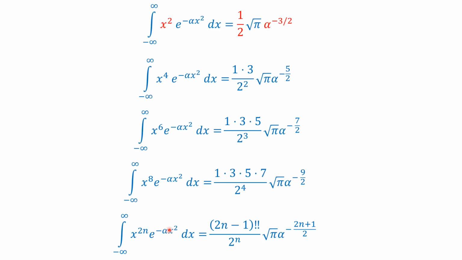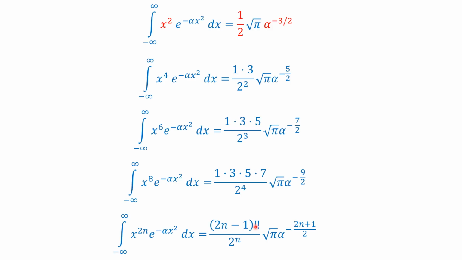So in generalized form, x is always even. So x power 2n, if you integrate between the limits minus infinity to plus infinity, x power 2n e power minus alpha x squared dx is equal to, you see the numerator here. It is 2n minus 1 double factorial.